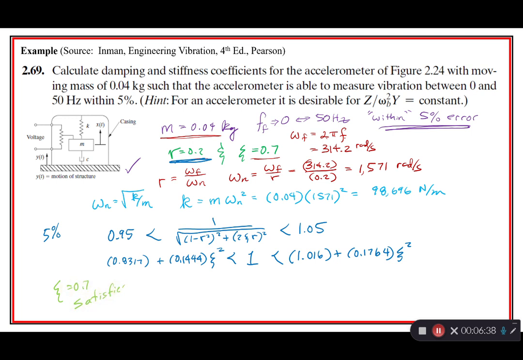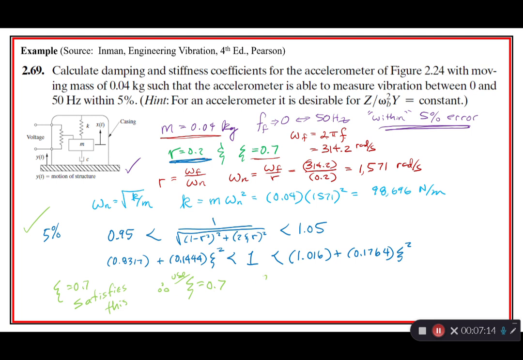I know, I was angry too. Therefore, use squiggle equals 0.7. What a letdown. So now we can find the damping. We didn't even have to do this. We just double checked that it fit inside there. That's just obnoxious. We could have just plugged that 0.7 in and figured out what the error was and seen that it was less than 5%. It would have been satisfied. But no, had to do this.